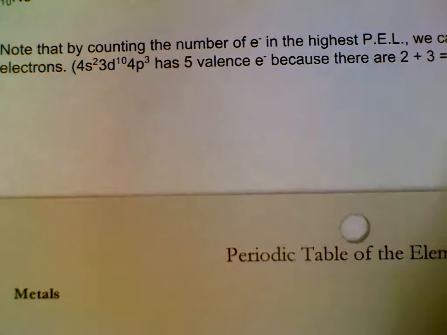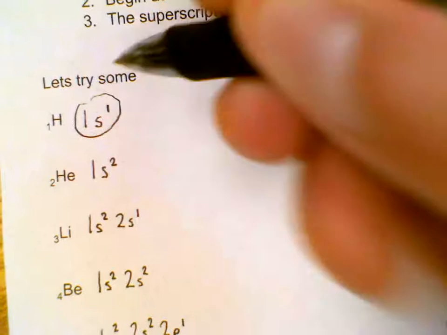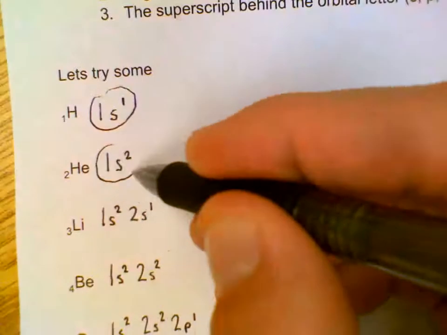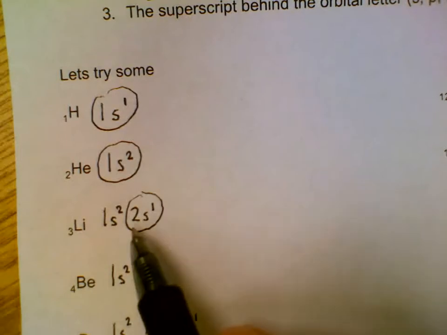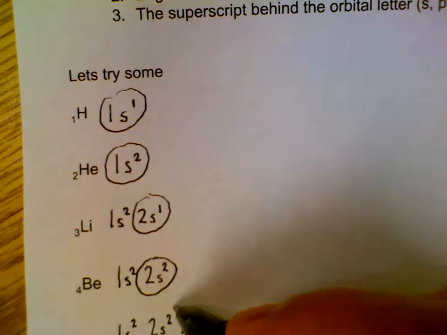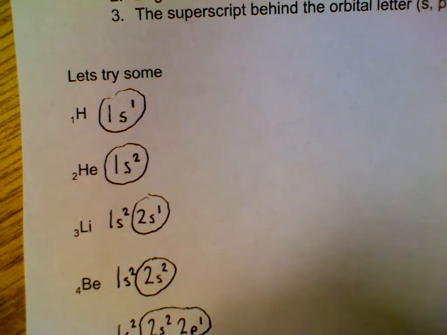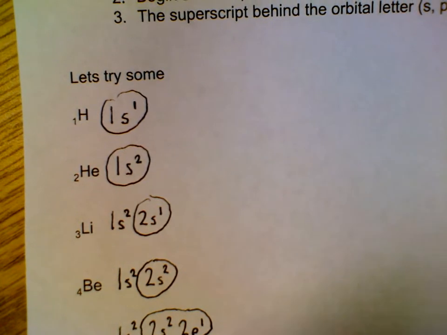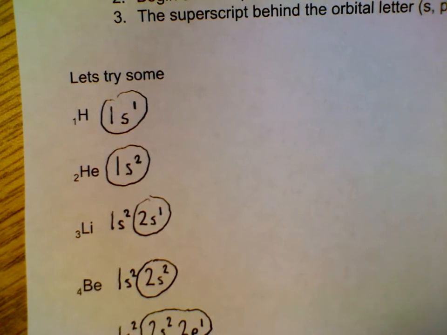The very bottom, it says if we count the highest principal energy level, the highest sets of numbers in front, that'll tell us valence electrons, which means that hydrogen has 1 valence electron, helium has 2, lithium has 1, and I'm only circling the 2s1 because the 2 is higher than 1, beryllium has 2, boron has 2 plus 1, which makes 3, carbon has 2 plus 2, which makes 4, nitrogen has 2 plus 3, which makes 5, oxygen has 2 plus 4, which makes 6.